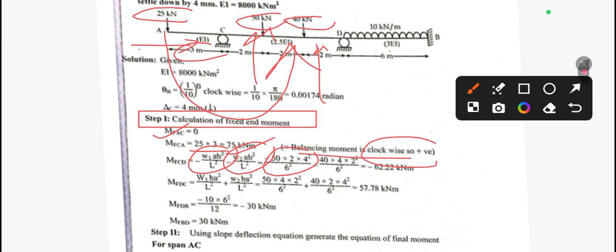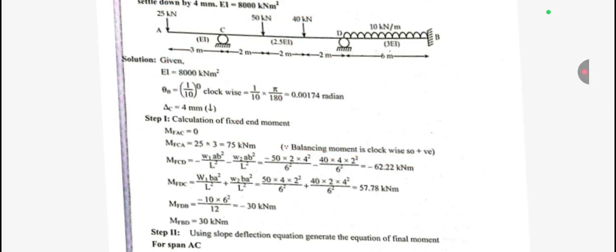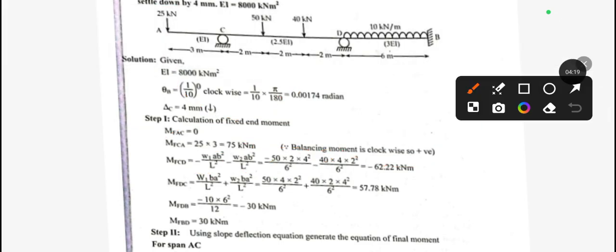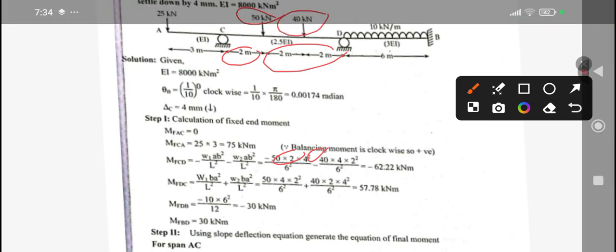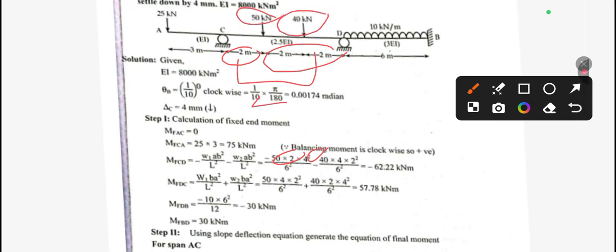We take W1 as 50 and W2 as 40. If we consider this 50 kN, then the value of a will be 2 and the value of b will be 4. Similarly, if we consider this load, then the value of a will be 4 and b will be 2. Only this much difference, 4 and 2, and finally we get 62.22 kNm.